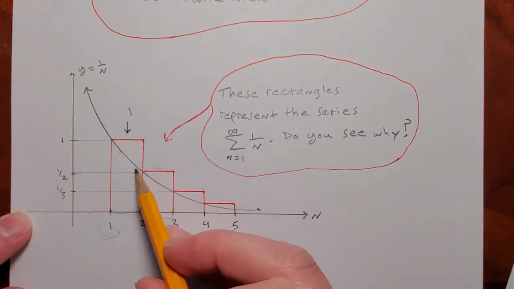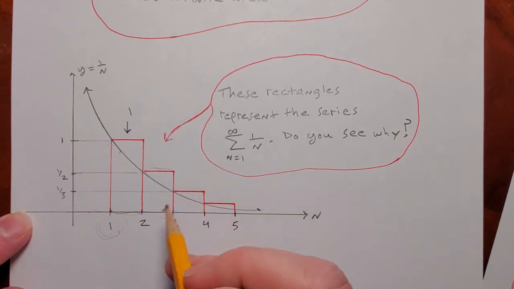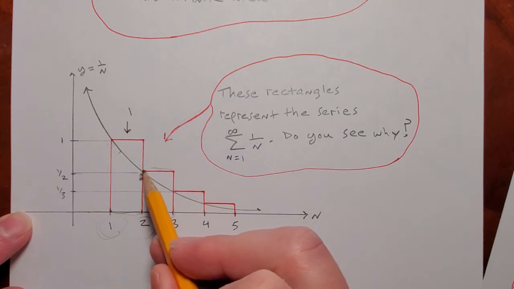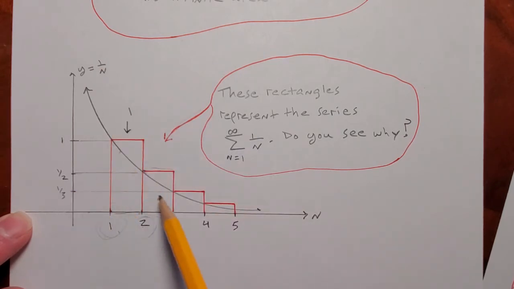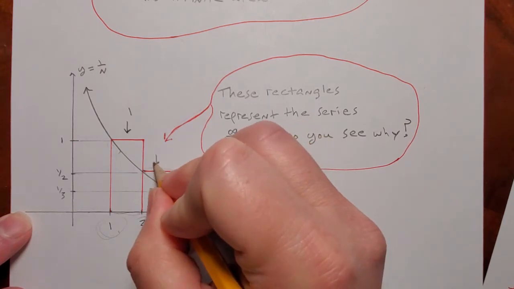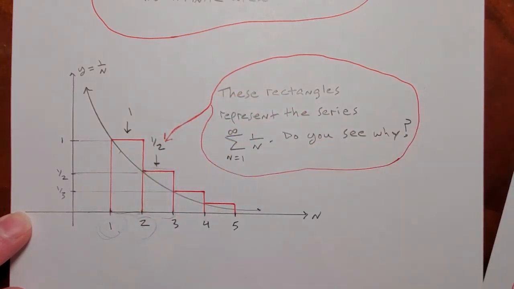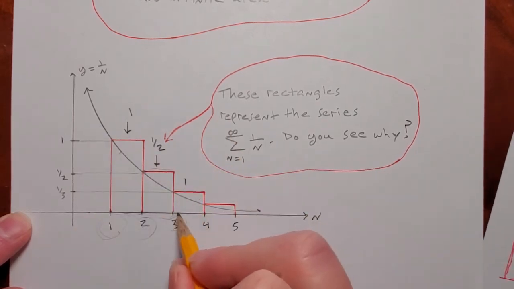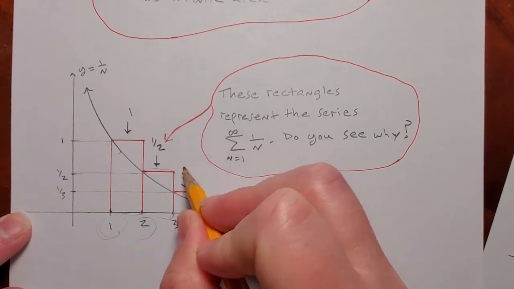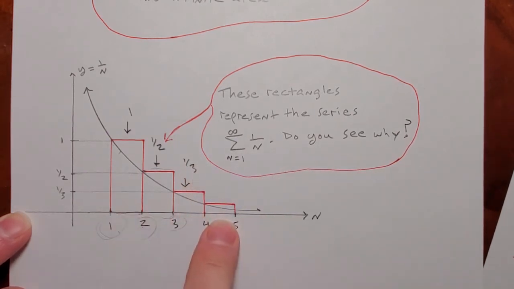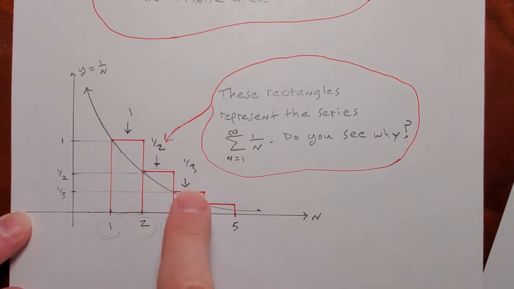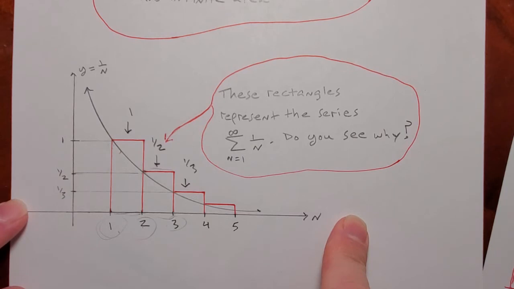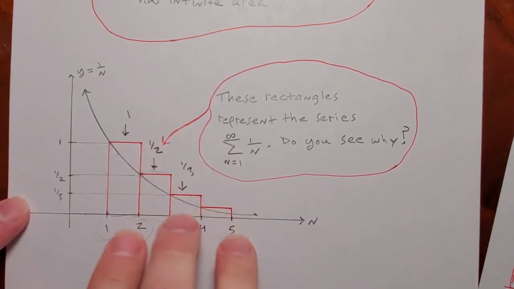Its width is 1, and if I put 2 to find that point right there, that's going to be a half. So it's 1 by a half, and its area is a half. And then what about this one? That's 3. Its width is 1, and its height is a third. So here's what you get: 1, a half, a third, a fourth. If I kept going, a fifth, a sixth, and so on. That's as I've imposed those rectangles on the curve.